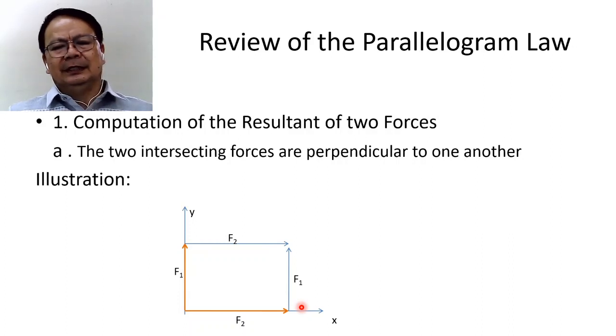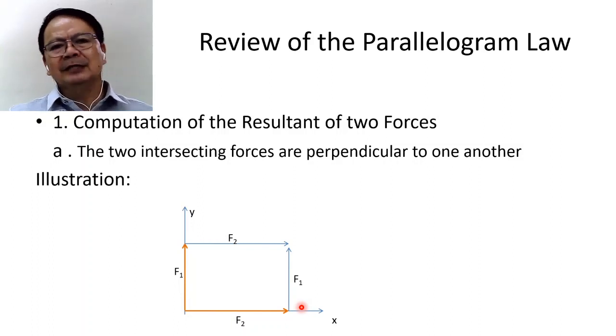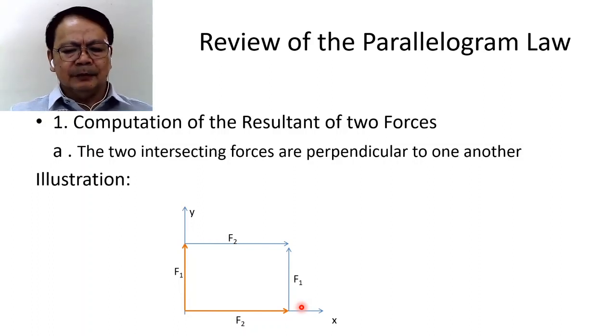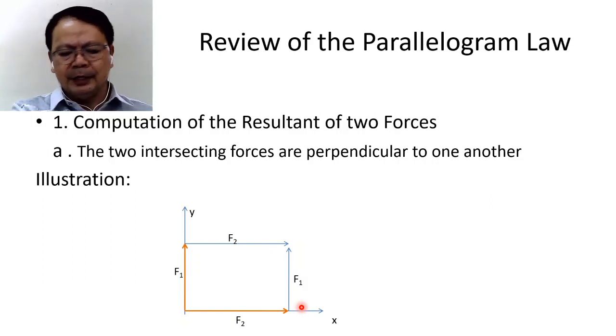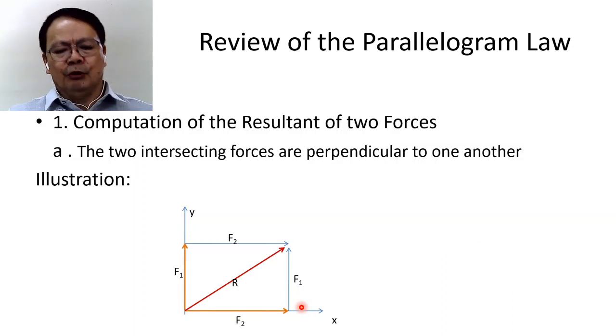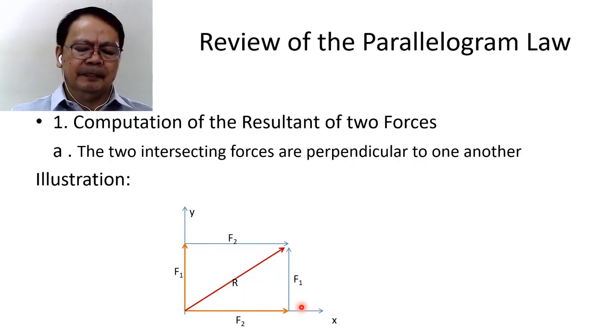What is the resultant of these two forces? According to the parallelogram law, it is the diagonal of the parallelogram formed by the vectors of these forces, and therefore this diagonal becomes the magnitude of the resultant of these forces.